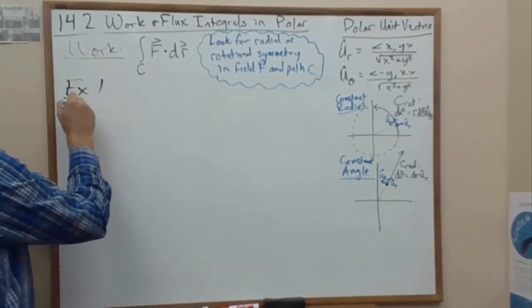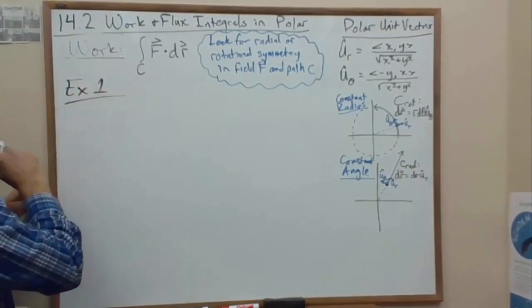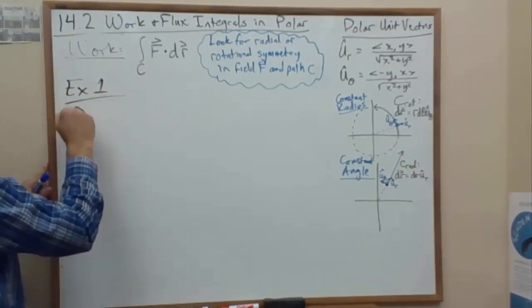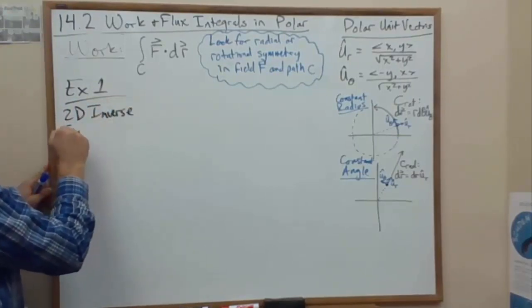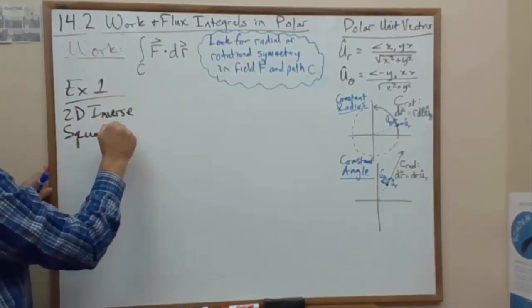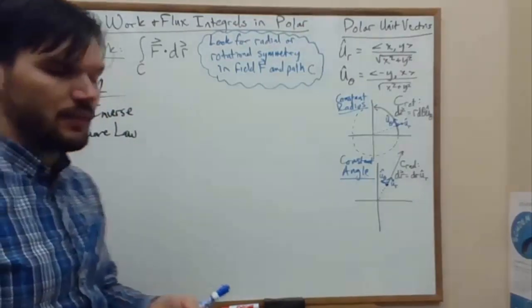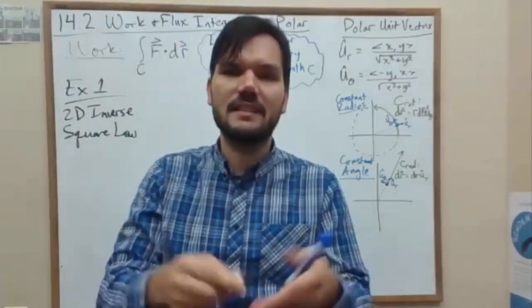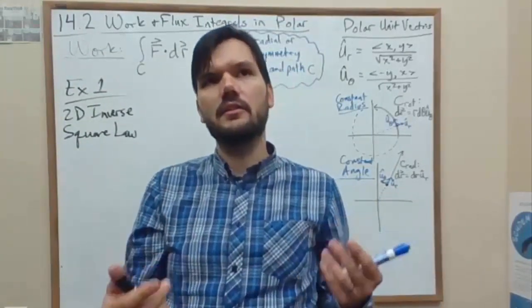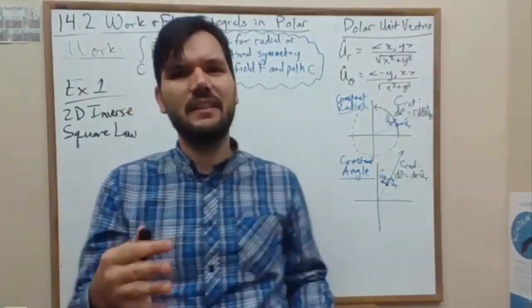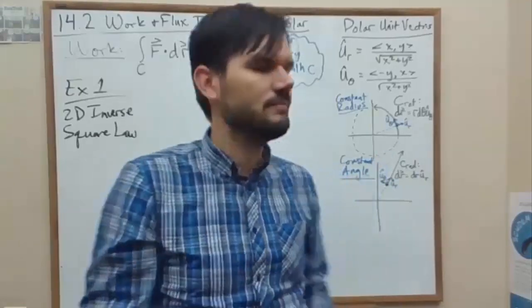So our example 1, we'll look at a 2D inverse square law. Now, a 3D inverse square law is an example used for the force of gravity. A 2D square law is kind of a simpler version of it.